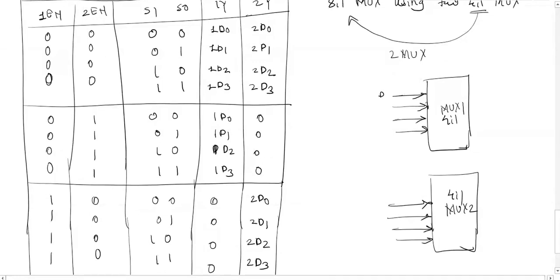These are D0, D1, D2 and D3, and D4, D5, D6 and D7. The output of the first mux is the first Y and the second mux gives the second Y.